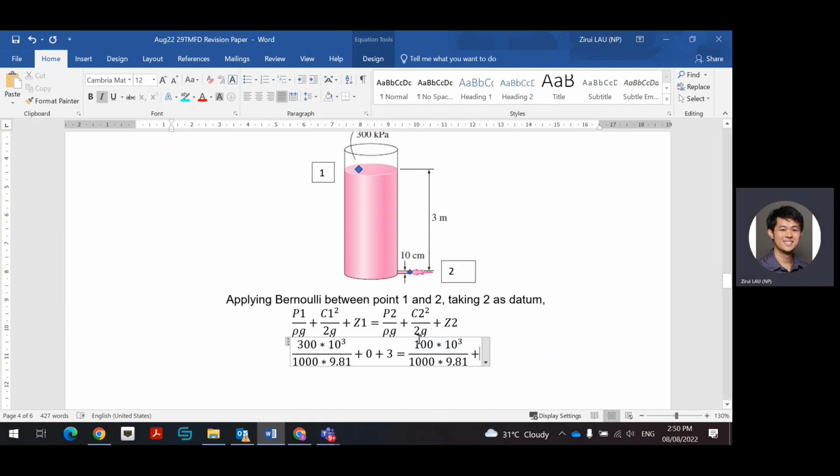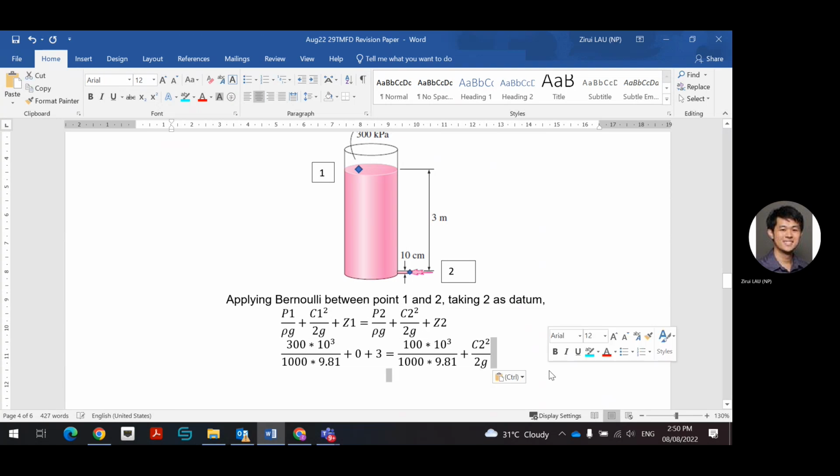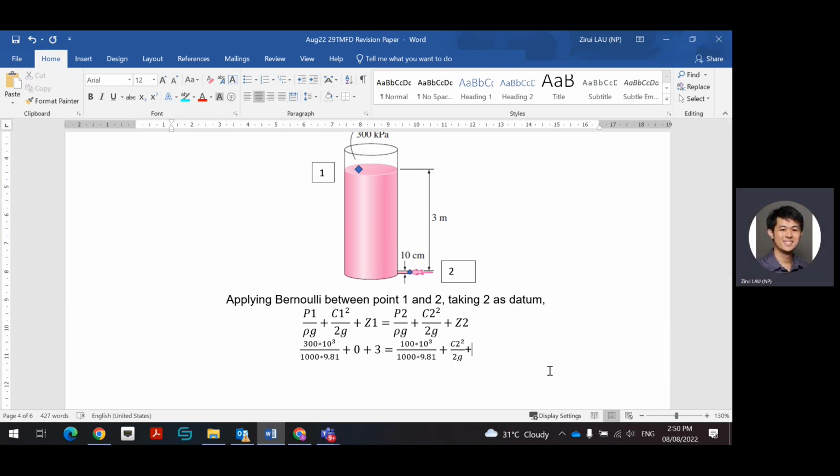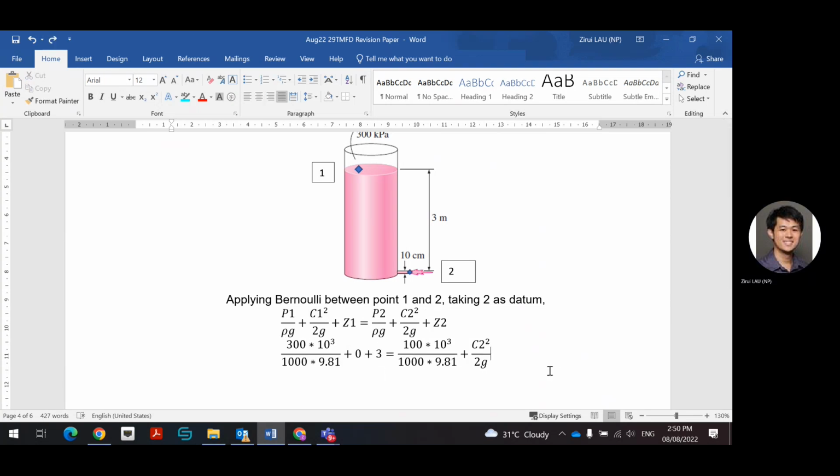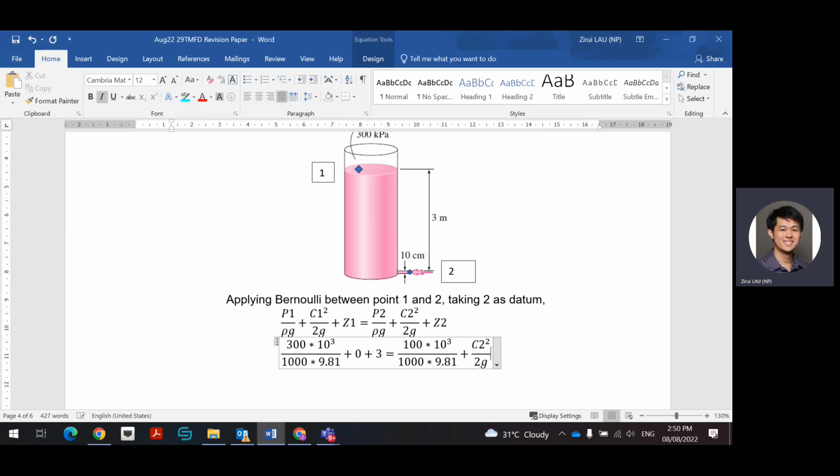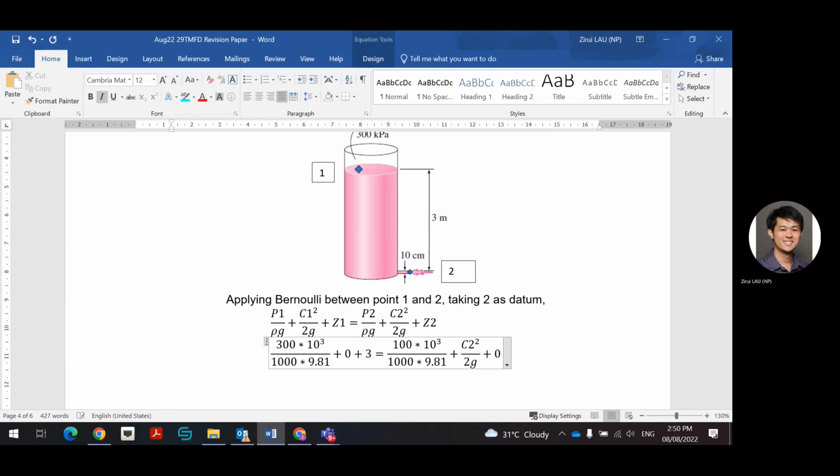C2 is my unknown. Plus minus 0. Right. Okay, so let's go.